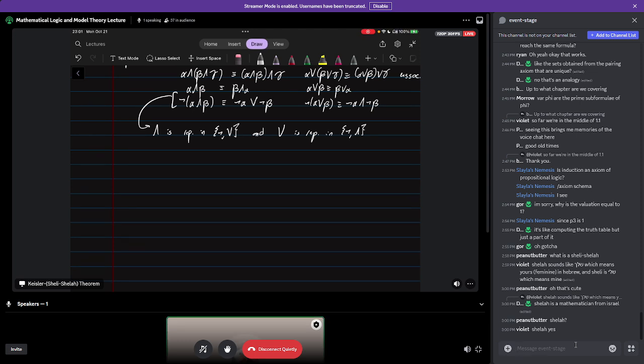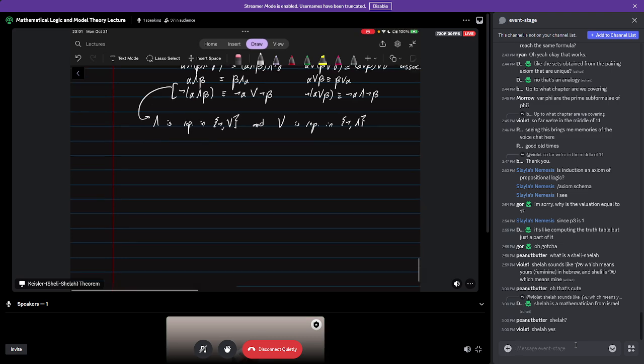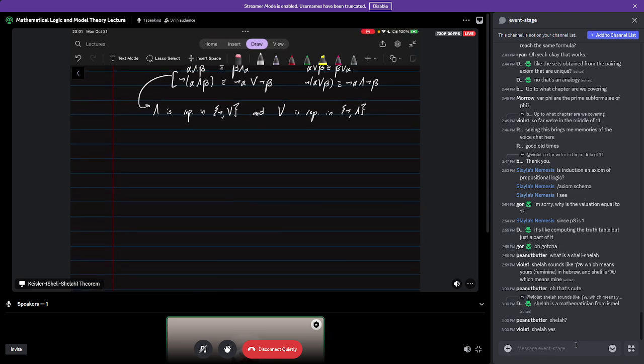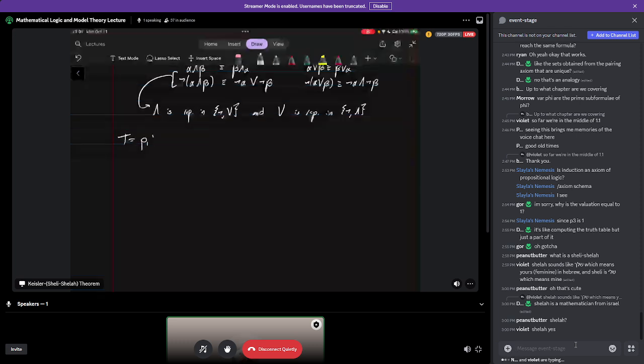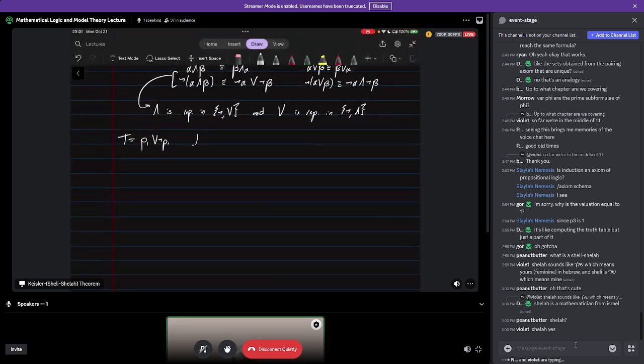Now, and a last thing, we're going to define two symbols here. T is going to equal P1 or not P1, and bot, or false, is going to equal P1 and not P1.